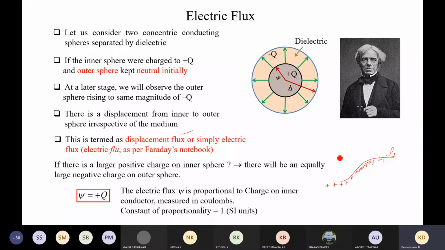Therefore the electric field will be relaxed here, but here it will be much denser because of the charges. If you calculate per unit area, then we calculate the electric field per unit area. Both are actually vectors, and this we call the flux.